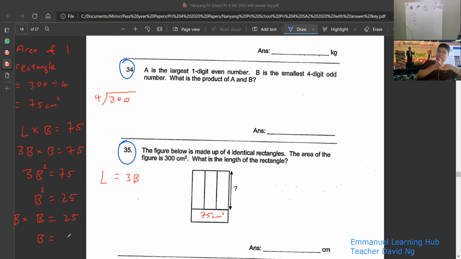Which number multiplied by itself is 25? B is how many? 3? No. Do you understand what this means? B times B. B times B is 25, right? So B is how many?